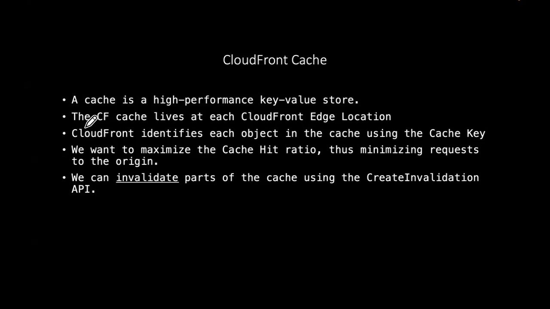As we know with any cache, CloudFront identifies each object, whatever the types of files are, in your cache using a cache key. Now we can control what the structure of those cache keys is, and we do that within our CloudFront distribution configuration.